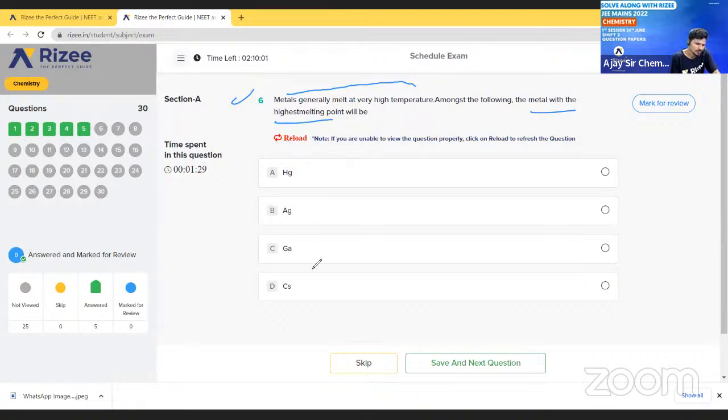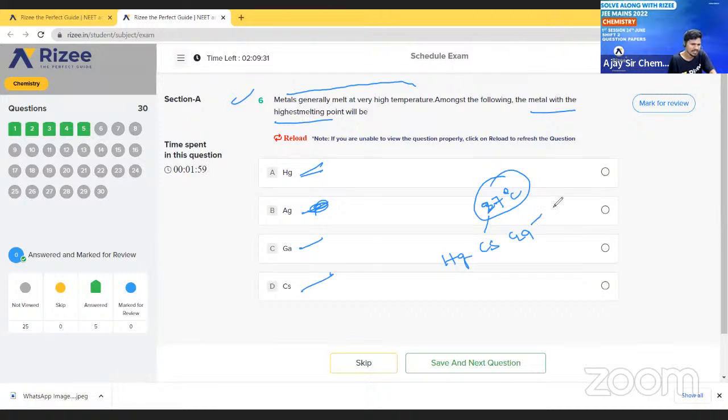See here, we already know that gallium and Hg, except Ag, this cesium and Hg, I am writing here Hg and Cs, cesium and gallium. It will melt at 27 degrees centigrade, so it will convert into liquid, and gallium will convert into liquid at 23 degrees centigrade.